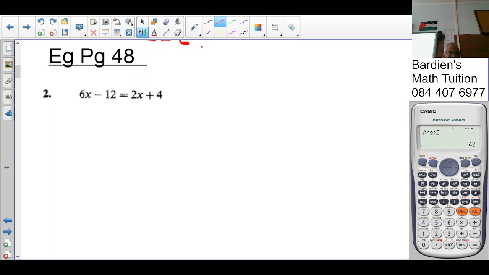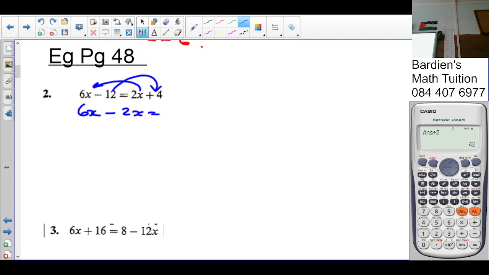Then we add our like terms. So 2x over, negative 12 over. So this becomes 6x minus 2x equals 4 plus 2.